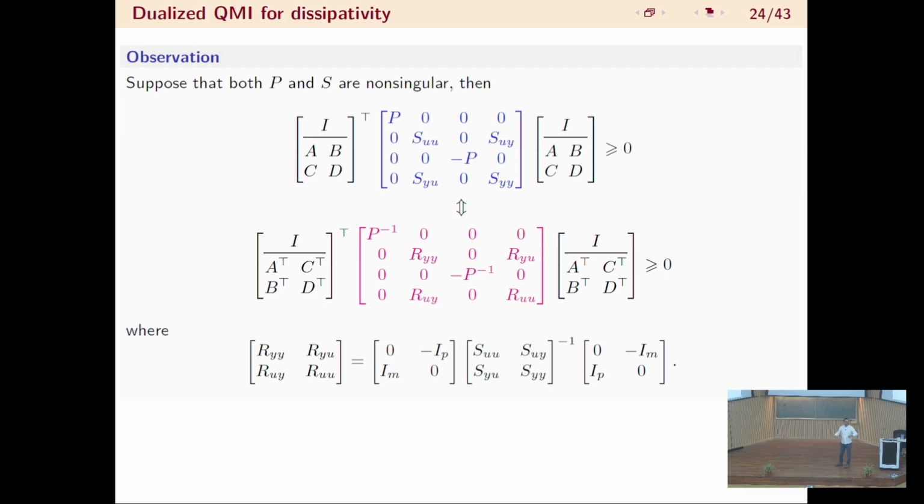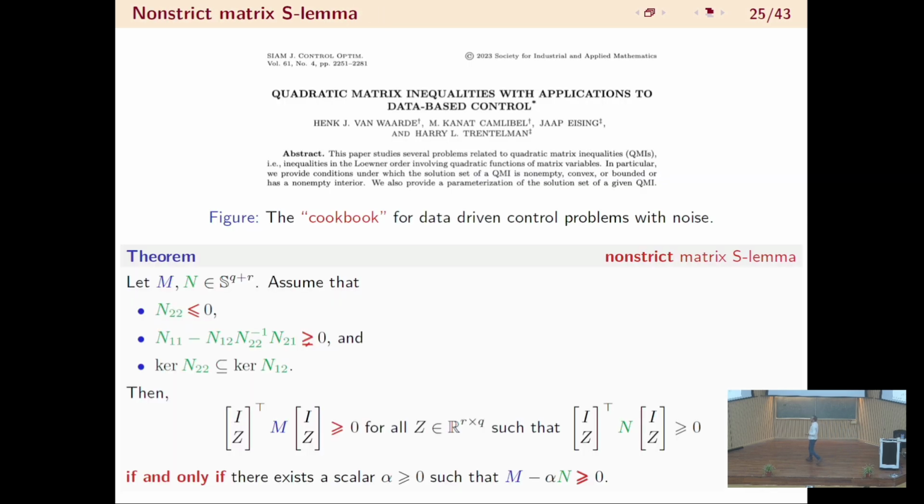And once I do that, I need another ingredient, non-strict S lemma. And it also is available to us. It's about M and N, but this time, instead of strict inequality for the M part, I have non-strict.